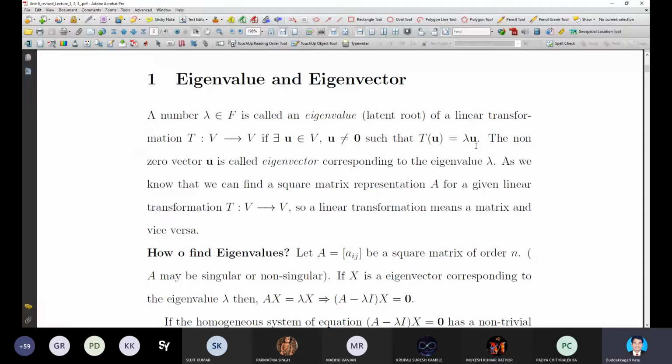Then this scalar lambda is called the eigenvalue and u is called the eigenvector corresponding to the eigenvalue lambda. This is the basic definition of the eigenvalue in the form of a linear transformation.